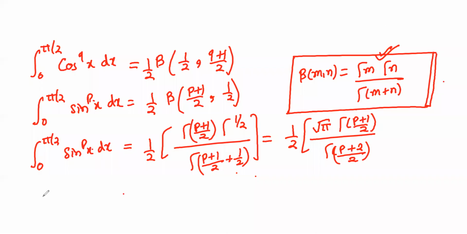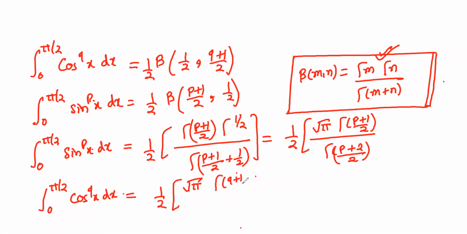So can you say the integral from 0 to pi by 2 of cos qx dx will also be 1 by 2 under root pi gamma((q plus 1) upon 2) divided by gamma((q plus 2) upon 2).